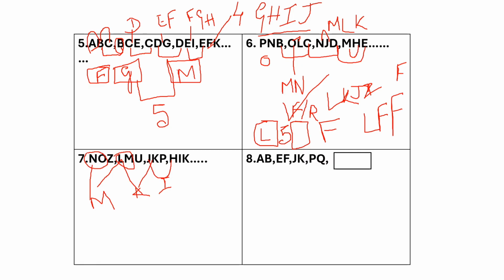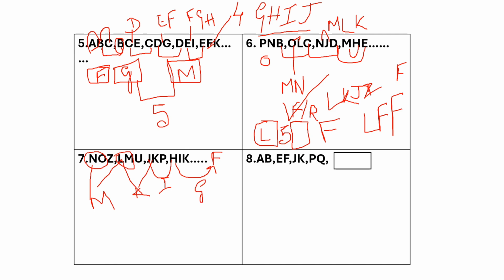Now one letter is missing, right? From the first letter of each term, what might be the first letter? Here also one letter has to be left. Then it should be F, right? Here F is there.